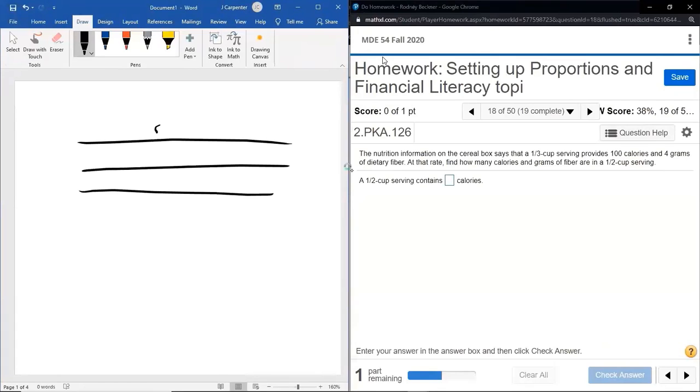We got calories, we got grams, and then we got the size. The first scenario is we have a third of a cup. Hold on for 1 second.